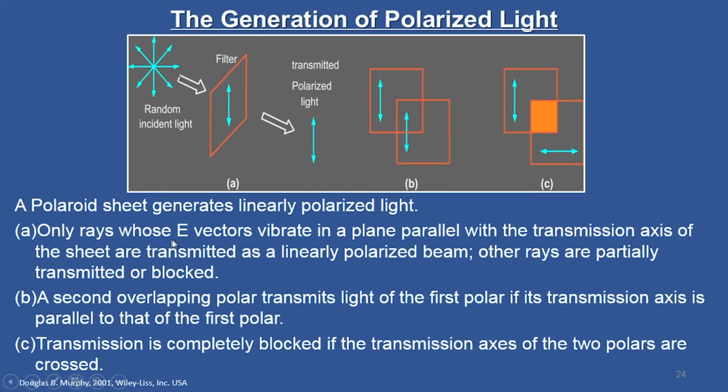Only rays whose E vectors vibrate in a plane parallel with the transmission axis of the sheet are transmitted as a linearly polarized beam. Other rays are partially transmitted or blocked.